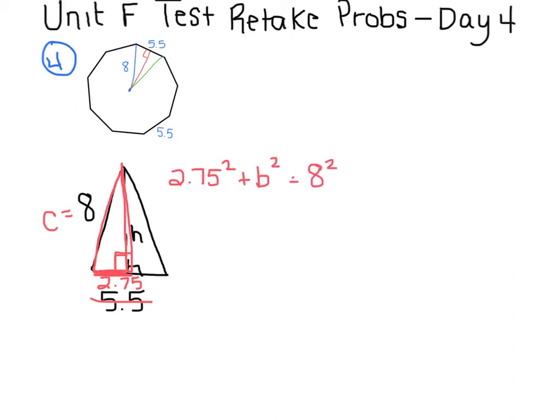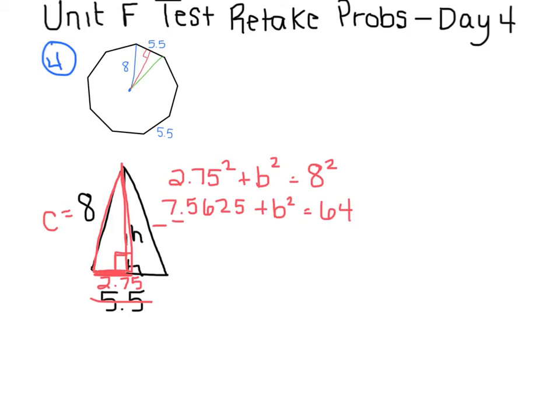Okay, I'm going to need a calculator for this. 2.75 squared is equal to 7.5625 plus b squared equals 64.